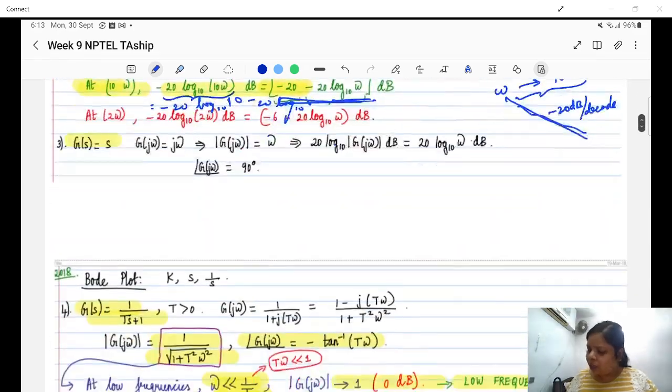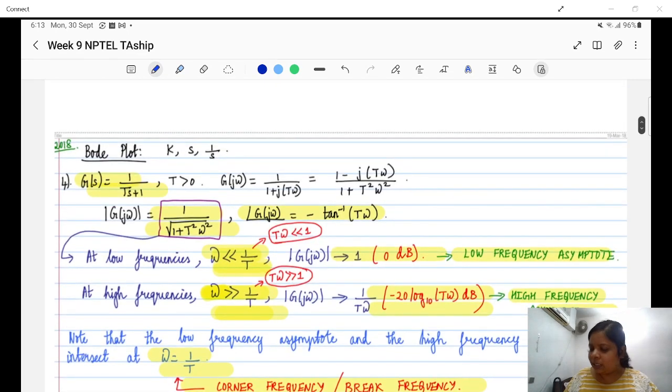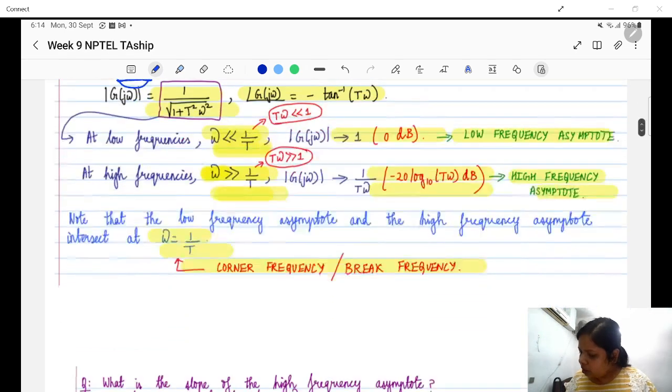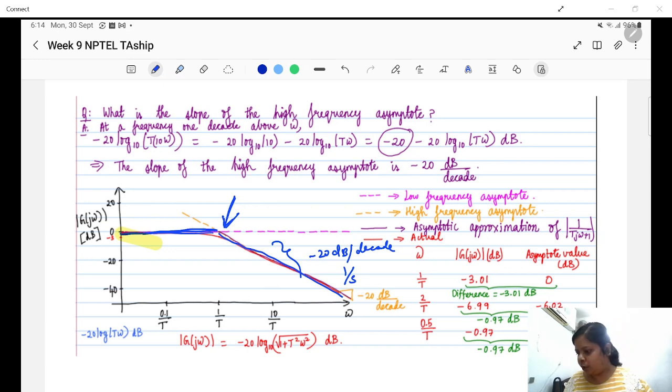Okay. Very similar to both of these, we have a transfer function which includes a time constant. It's of 1 upon Ts plus 1 form, and the other one is Ts plus 1 form. So you can see that this can be somehow analyzed to be similar to that of 1 upon s, right? So that way there is a corner frequency over here, and after that we have a decay of minus 20 dB per decade as soon as you get a pole.